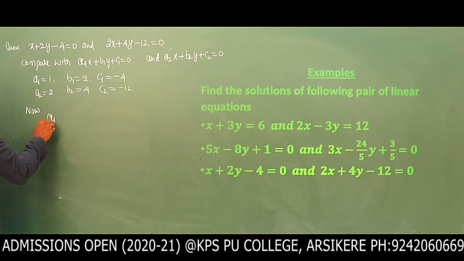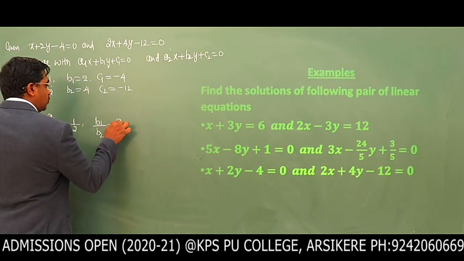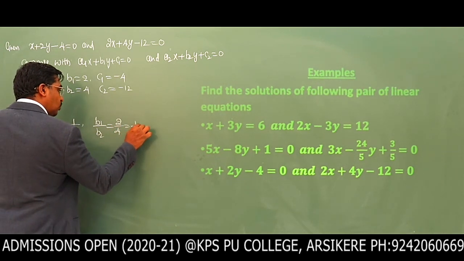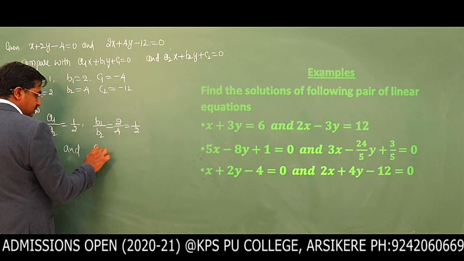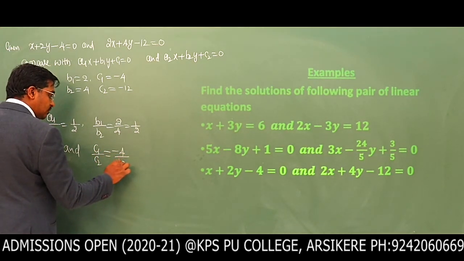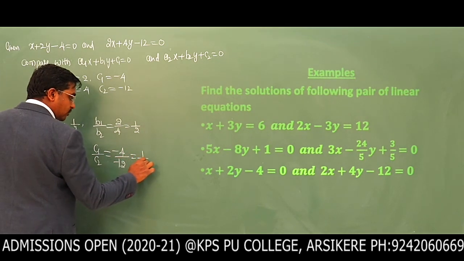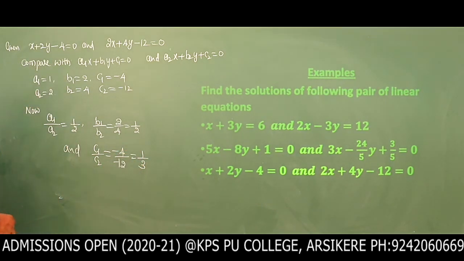Now we have to consider the fractions. a1 by a2 is equal to 1 divided by 2. b1 by b2 is 2 divided by 4, simplification gives 1 divided by 2. And the last one, c1 by c2 is equal to minus 4 divided by minus 12, 1 divided by 3 because 4 ones are 4, 4 threes are 12, so they get cancelled. Just observe here, a1 by a2 is 1 divided by 2.